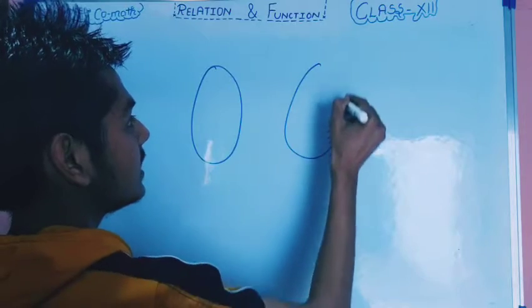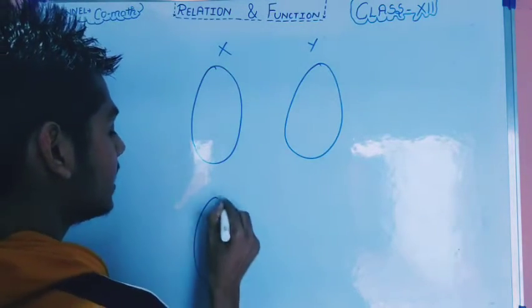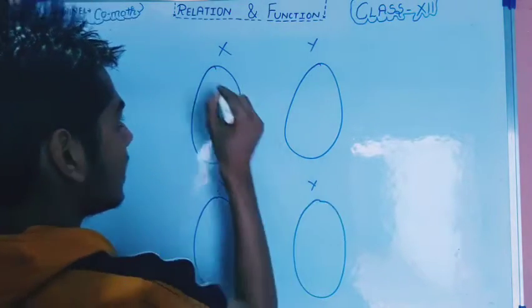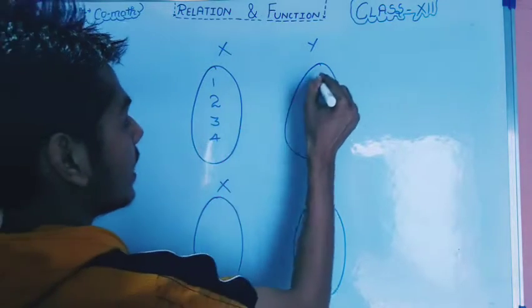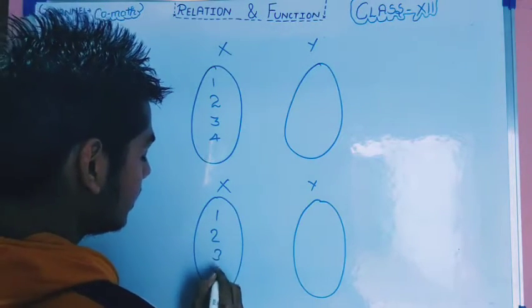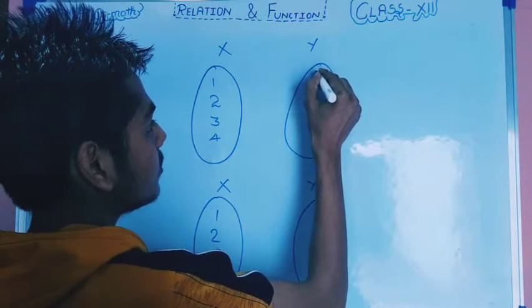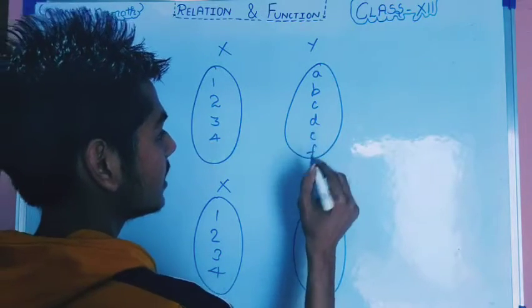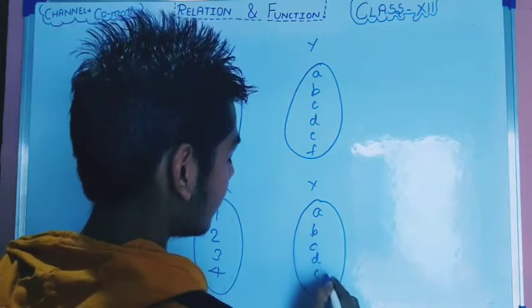Suppose we have two sets x and y. We again draw these sets as x and y. Now in the set x we have 4 elements, 1 2 3 4, and in the set y we have, sorry, 6 elements, a b c d e f.